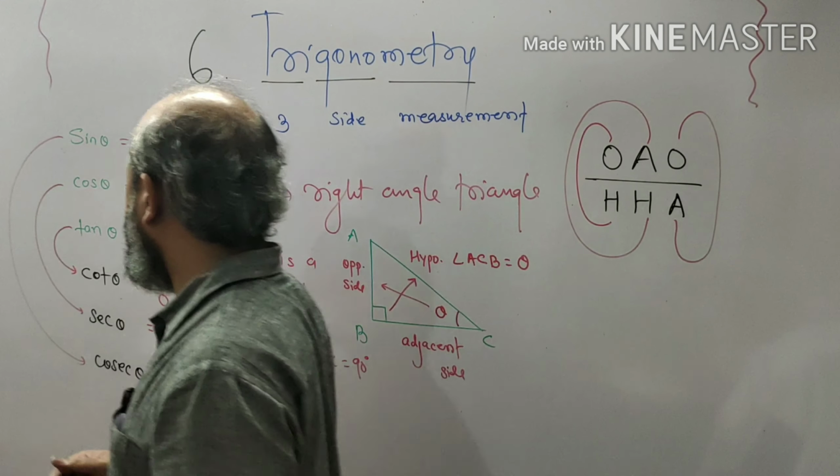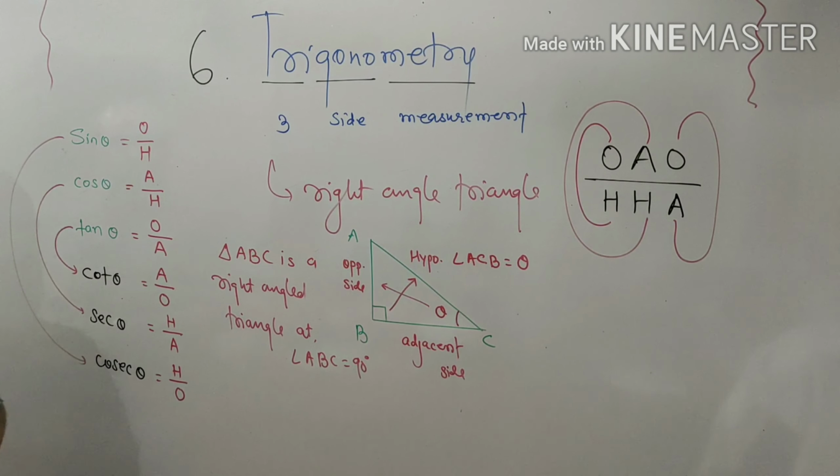Now we can find all the trigonometric ratios of triangle ABC.